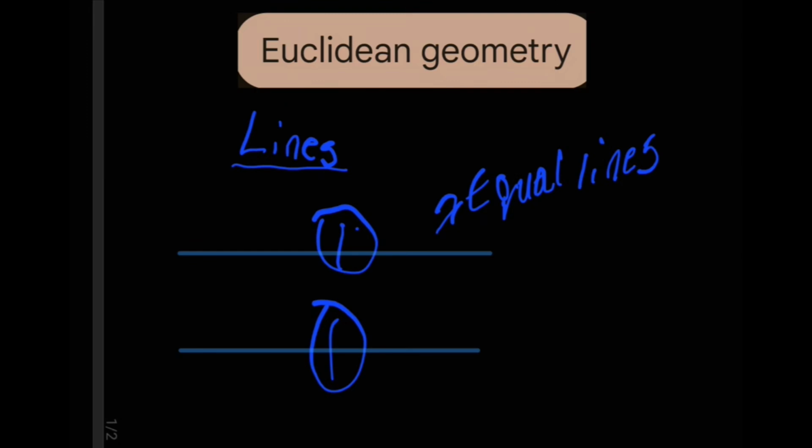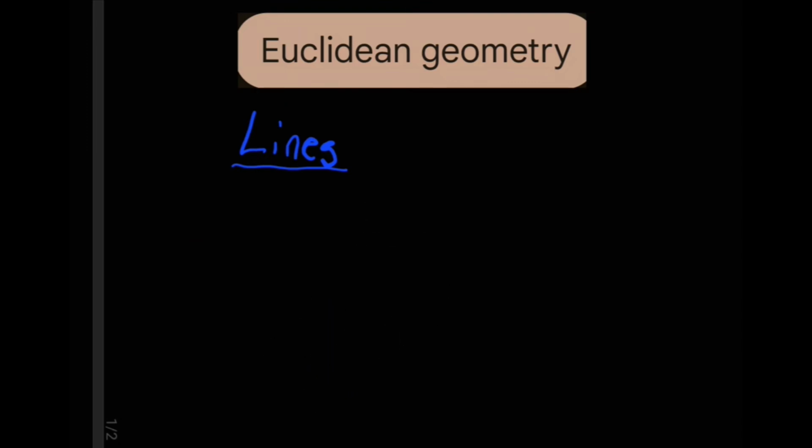Okay, so those are equal lines. Now I want us to move on to the shapes that these lines form. One of the shapes that lines form are triangles. So I want us to talk about that for a little bit before coming back to lines. So we have triangles.